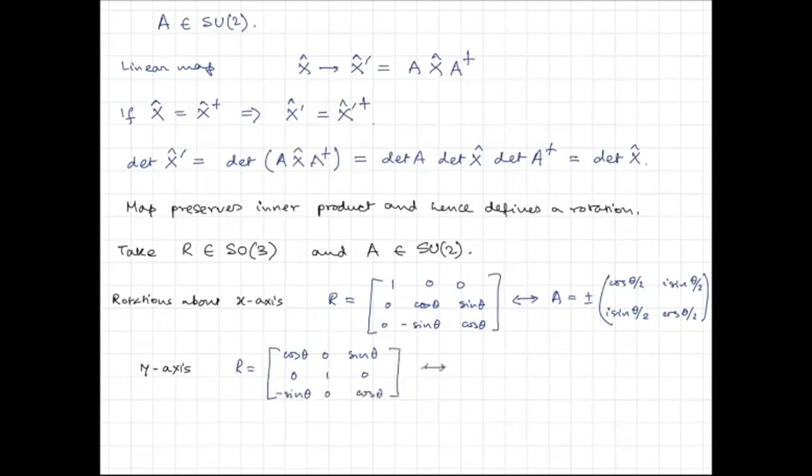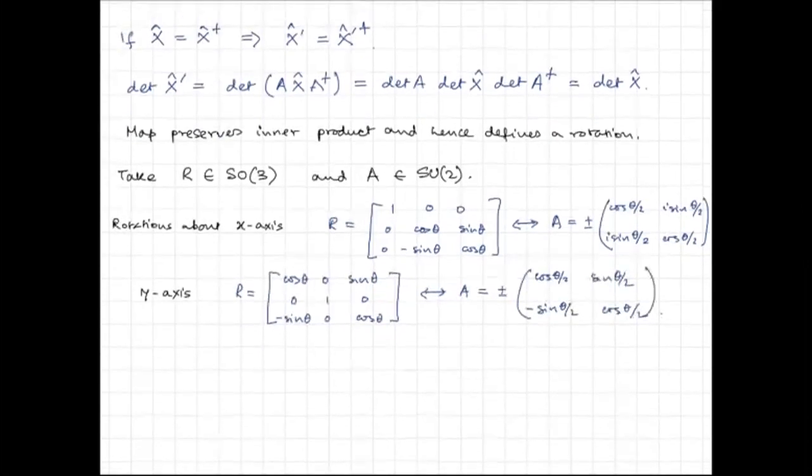This is similarly given by A is equal to plus minus of [cos theta over 2, sine theta over 2; minus sine theta over 2, cos theta over 2].